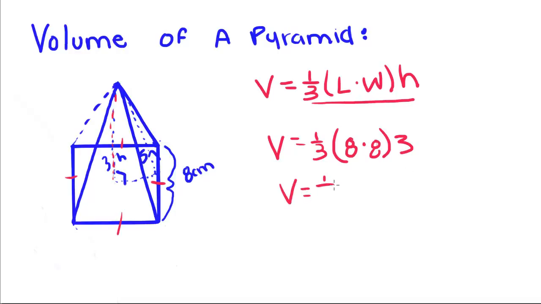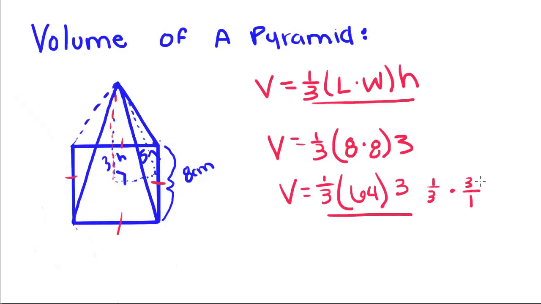So V equals 1/3 times 8 times 8, which is 64, times 3. Now, we're going to multiply these all together. So if you look, the 3 is going to cancel the 1/3, because when we multiply fractions, remember, we multiply across.